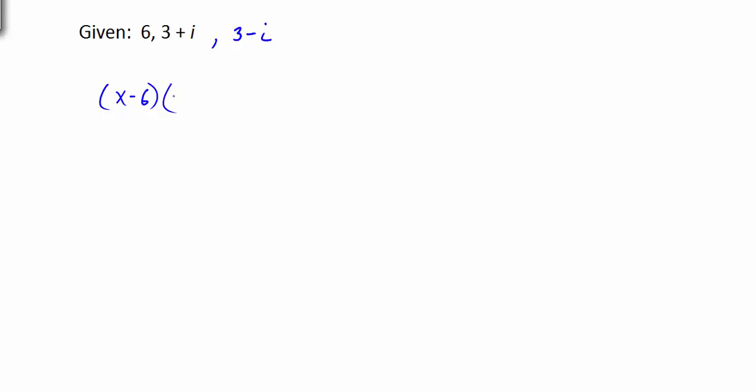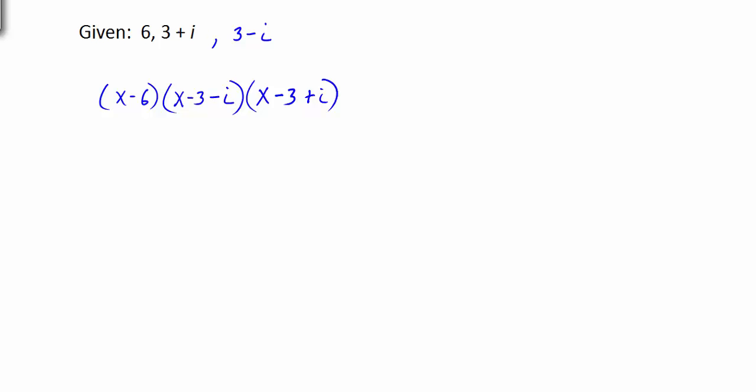If 3 plus i is a zero, then x minus 3 minus i is a factor. And if 3 minus i is a zero, then x minus 3 plus i is a factor.